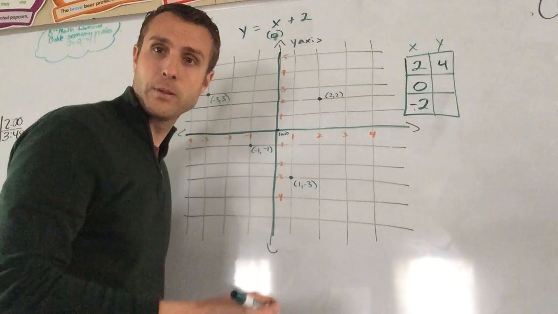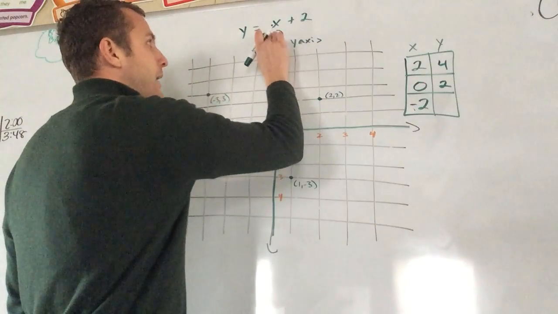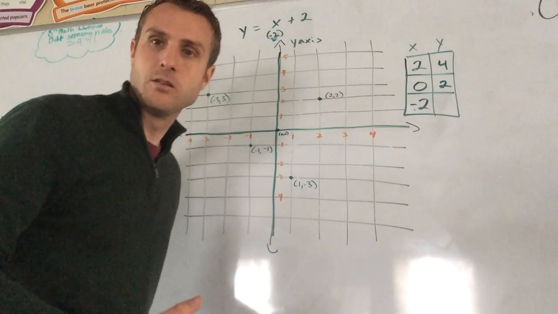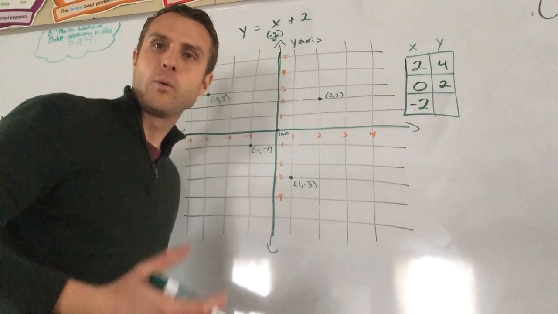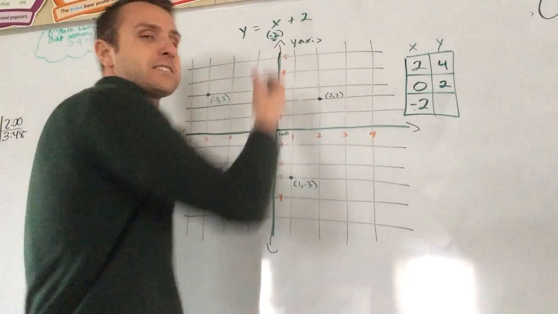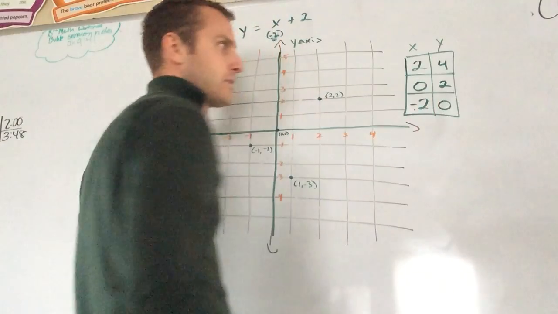Well, since 0 plus 2 is 2, y is 2. How about when x is -2? Well, -2 plus 2, when I add the opposite of a number, I always get 0. I also know if I have different signs, I subtract. 2 minus 2 is 0, so I get 0.